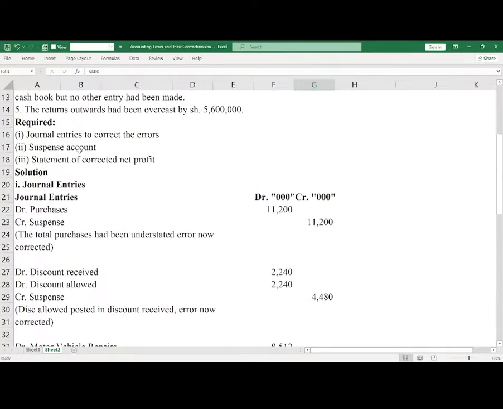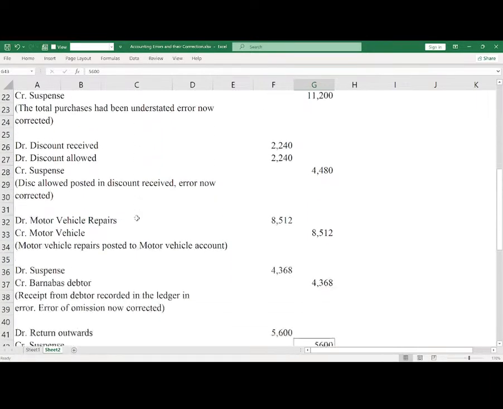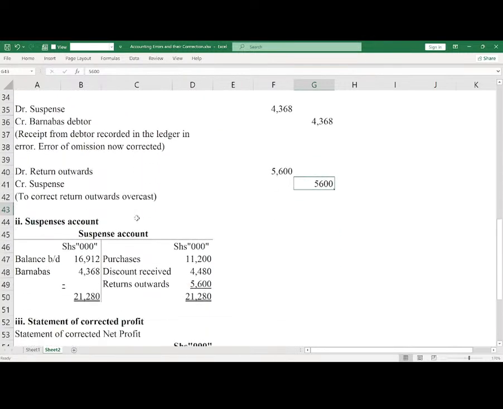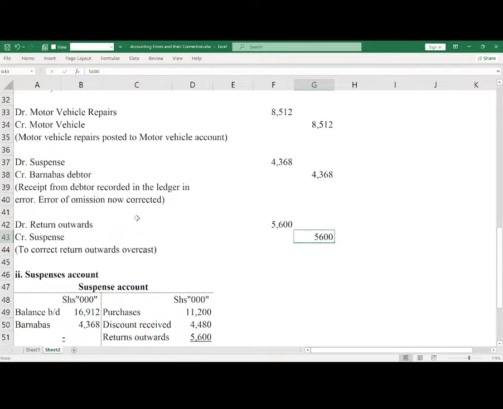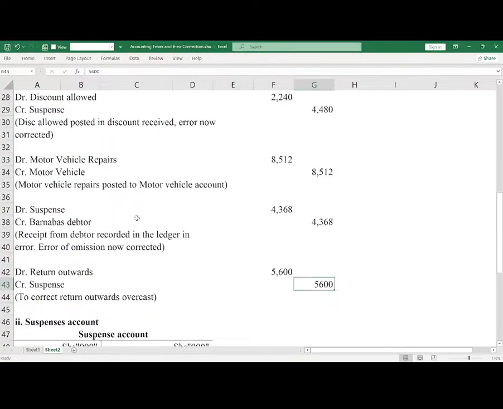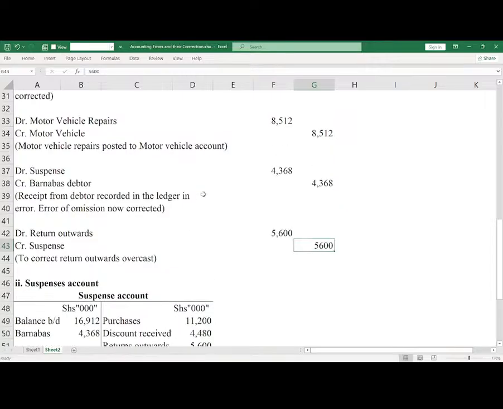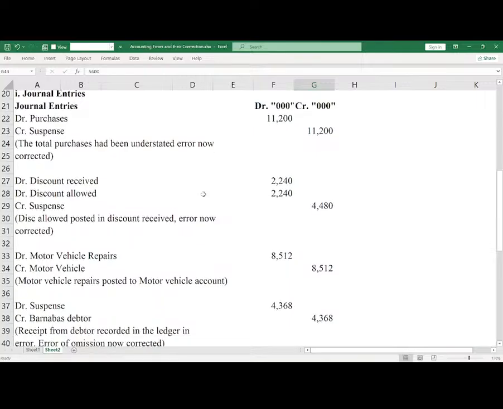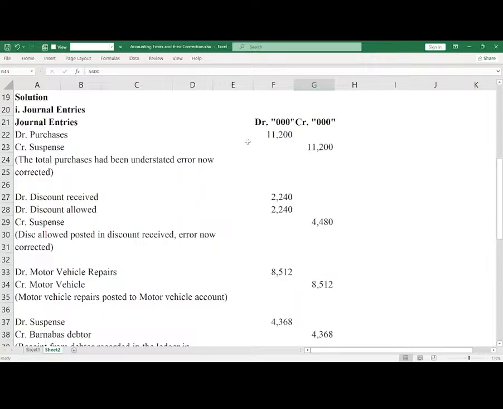So you have now to create a suspense account of all these. So if you have taken some notes, let's create a suspense account. Before that, we have to look at the accounts that we have put here. So we can start with the first. So we have the purchases for 11,200.